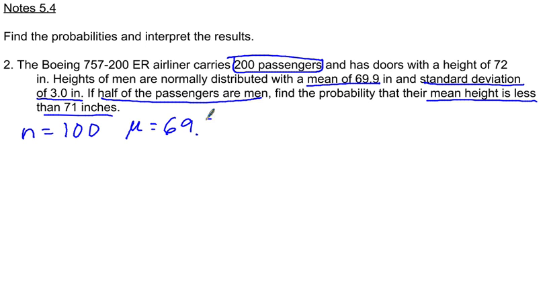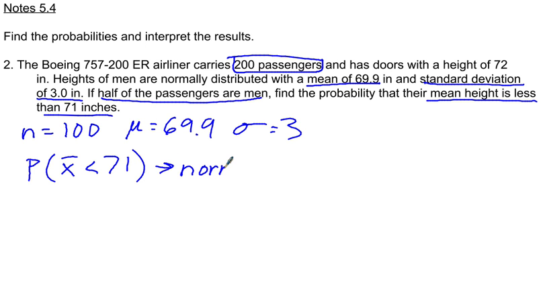There's a mean of 69.9, standard deviation of 3, and we are looking at the probability that the mean is less than 71 inches. So it looks like the probability that they'll fit through that door with an inch to spare. So we can use our function on the calculator, normalcdf, and enter the minimum, which is negative 10,000, since we have a less than probability this time.